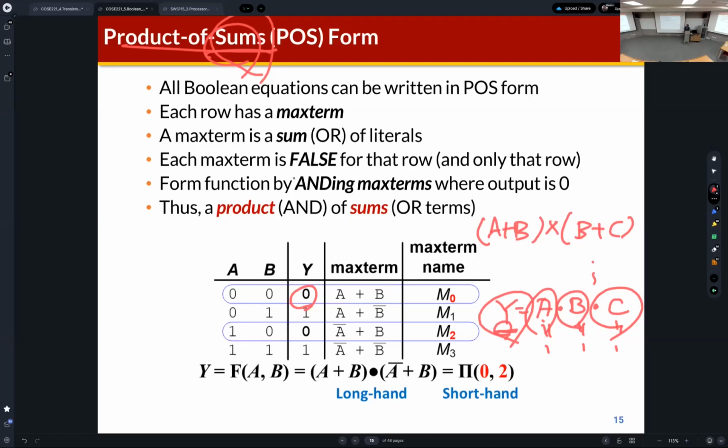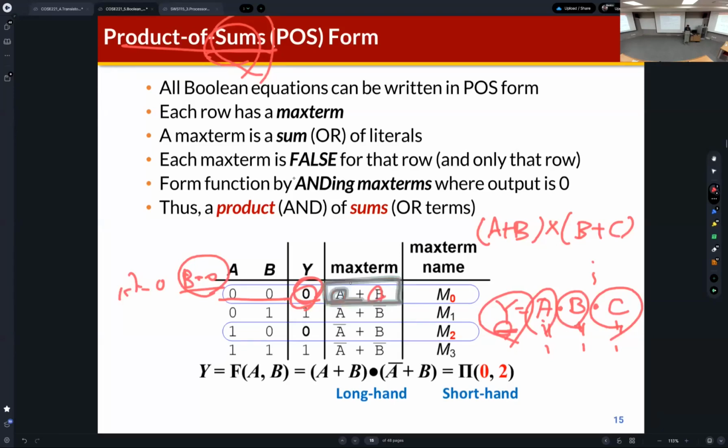Okay. Then if you see the max term of this row, you can think that, oh, this variable. So if a is 0 and b is 0, then y becomes 0.